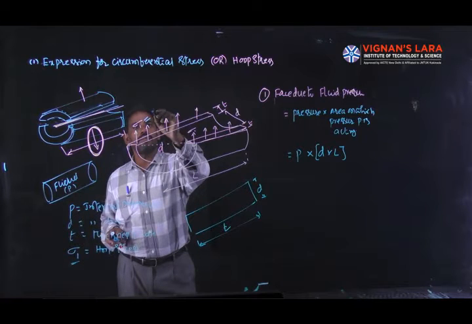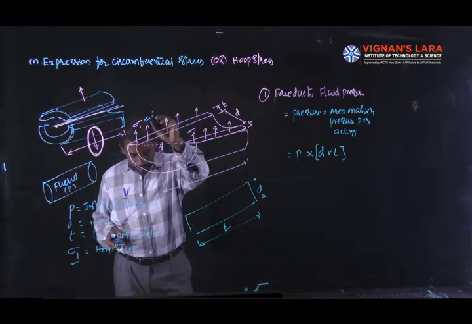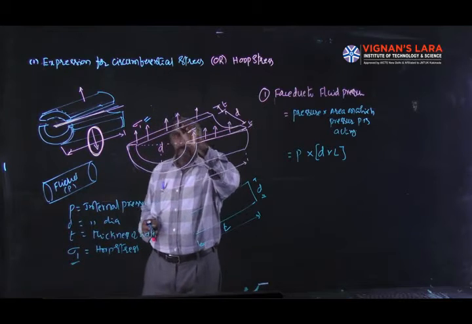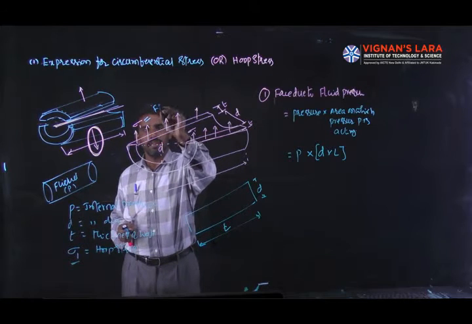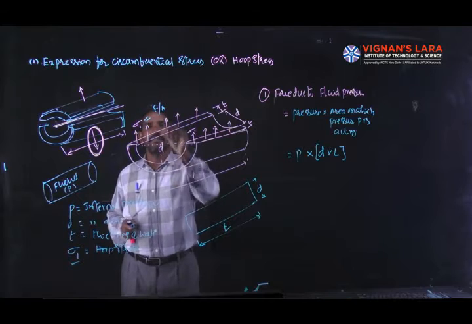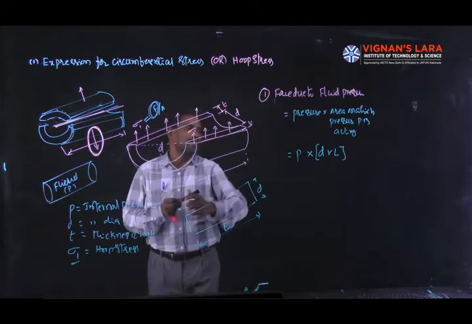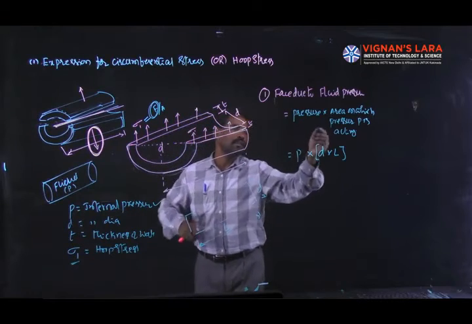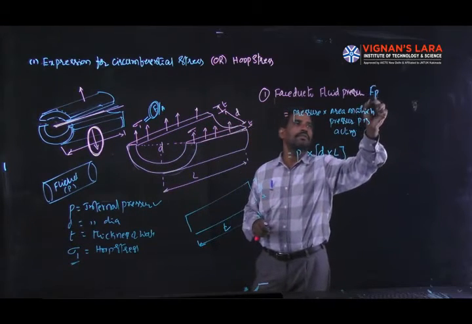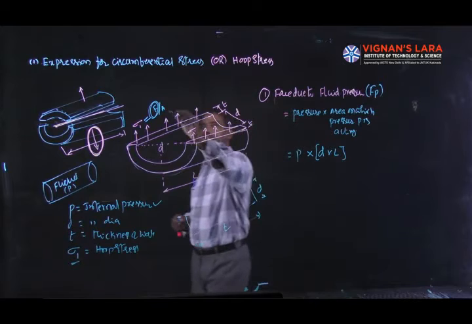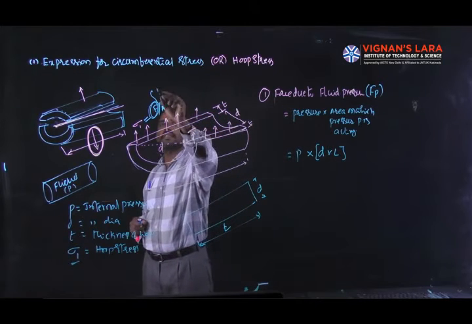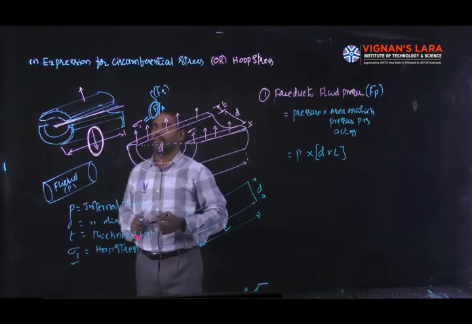Stress is equal to load by area, that is force F by area. To avoid confusion, that is the force due to the pressure, and this is the force due to the stress.